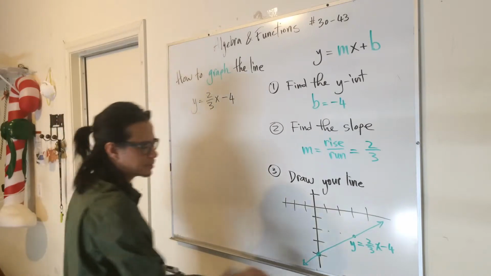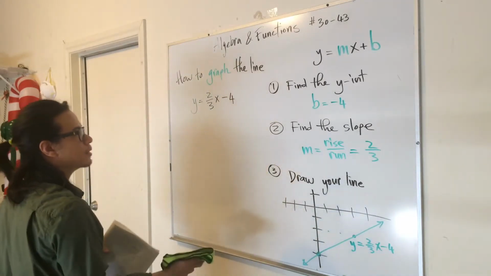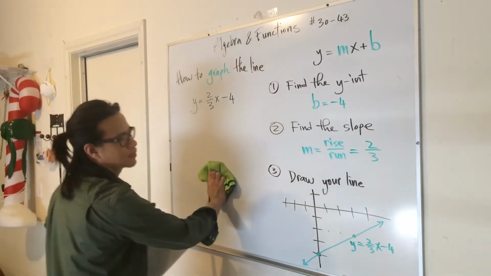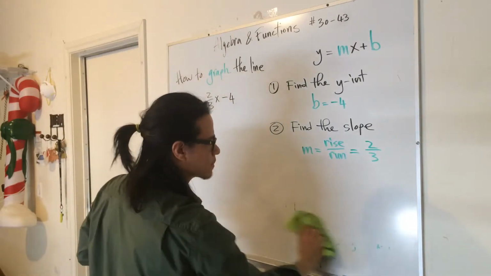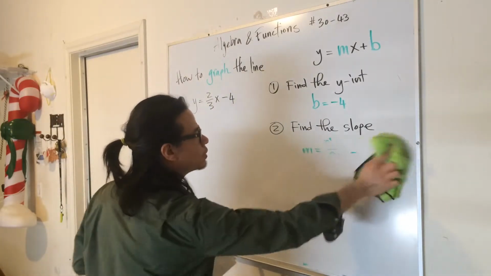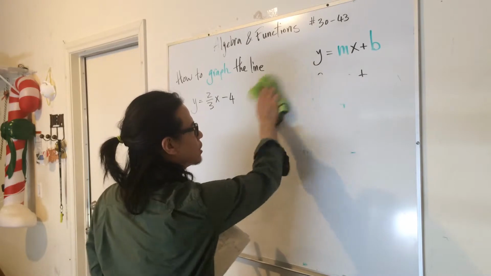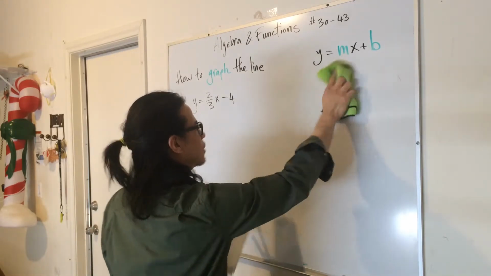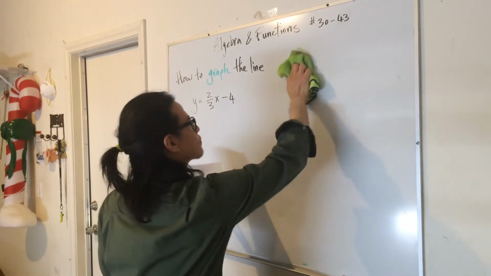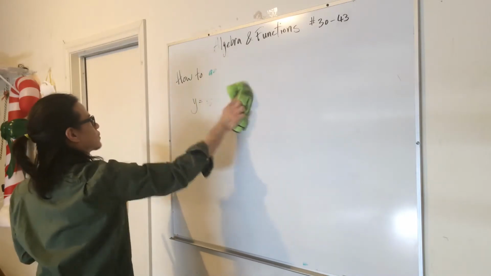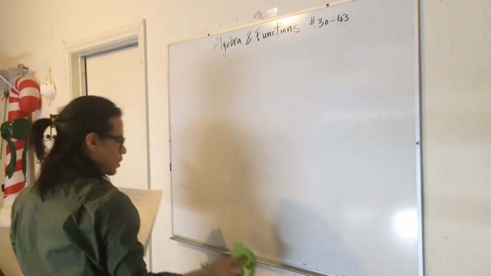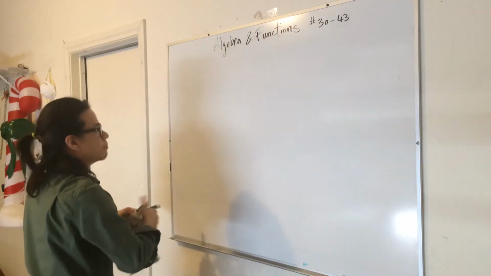Let's look at some instances where you have special types of lines. What I mean is parallel lines and perpendicular lines. So the question is how to know if 2 lines are parallel.